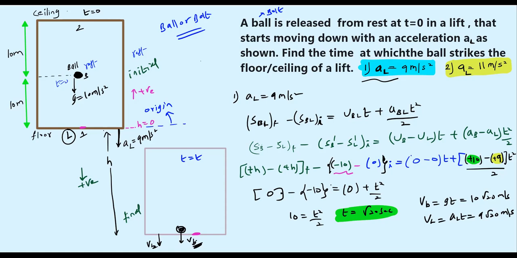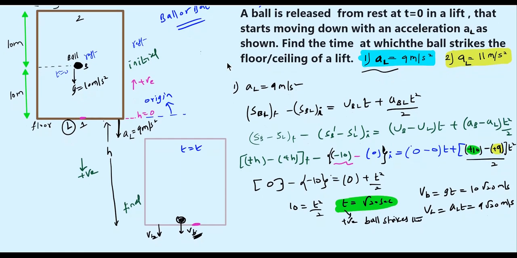So we got time positive. What do you mean by positive? What does it indicate? Ball strikes the floor of lift. There's a meaning. Okay, sir, if I get negative, what we should conclude?